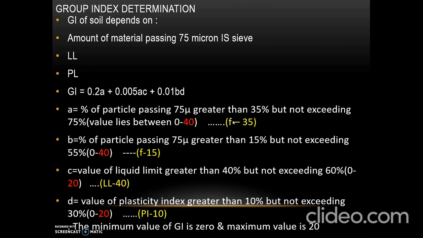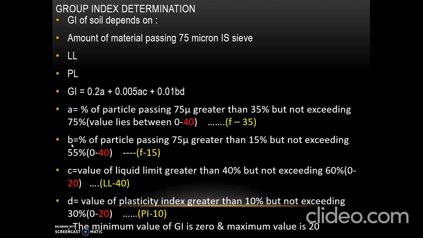And whatever value we get by this equation should lie between 0 and 40. If let us say we get F minus 35 as 41, then we have to take A as 40 because the range is between 0 to 40.